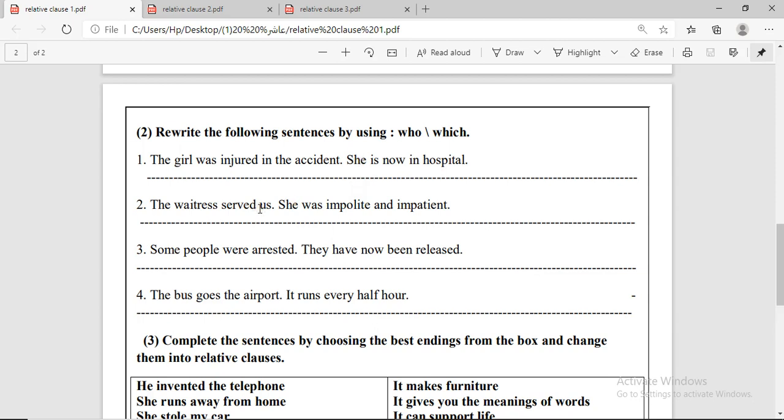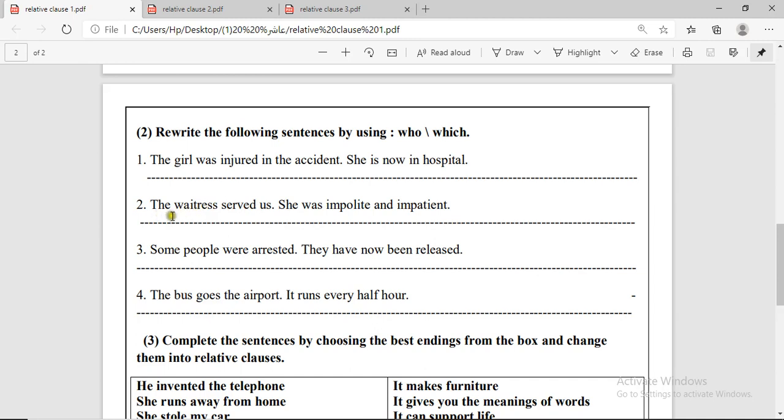Okay, the second one. The waitress served us. She was impolite and impatient. What's the meaning of waitress? Waitress اللي هي النادلة اللي بتشتغل بمطعم. The waitress, we are talking about people, عاقل. The waitress who served us, okay, we have to delete she because we are talking about the waitress.